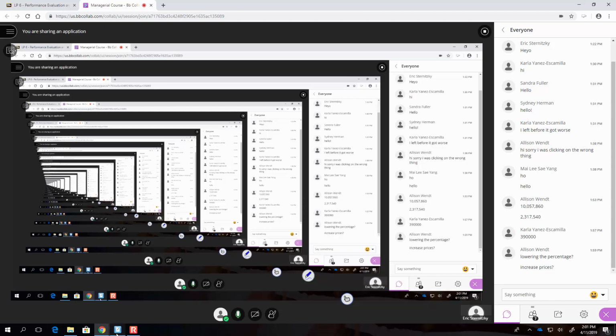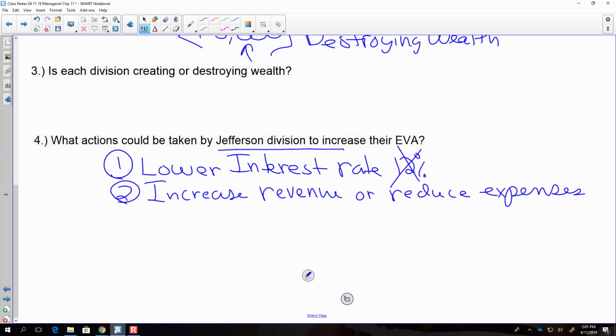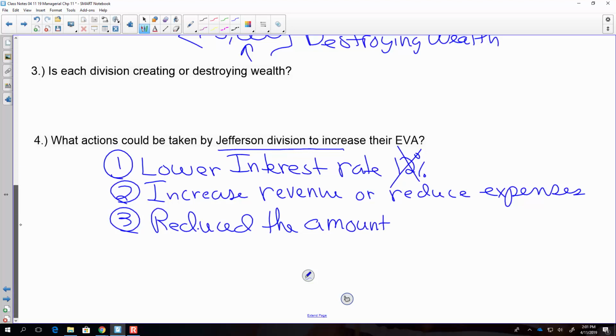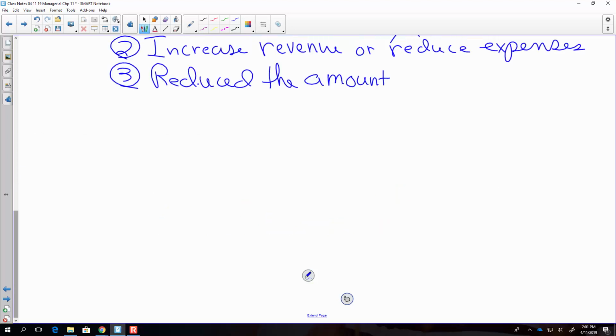I believe Herman Miller reduced assets. Reduced the level, the amount of assets. And they did that through inventory reduction.